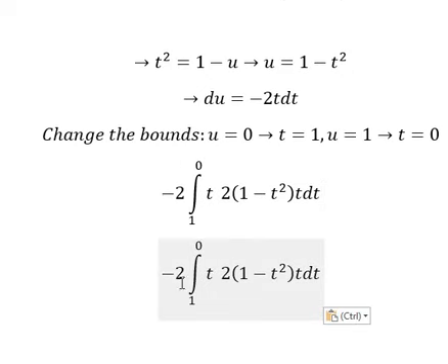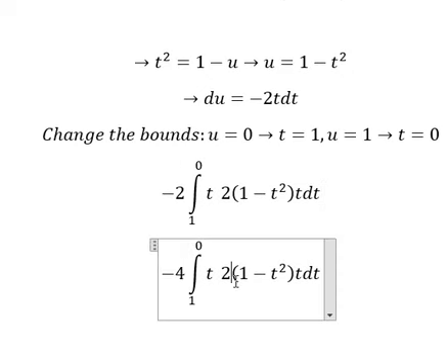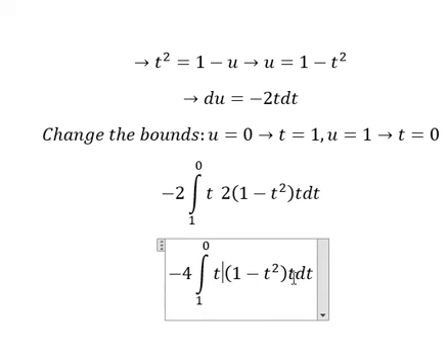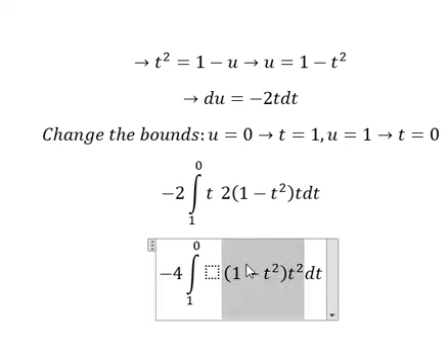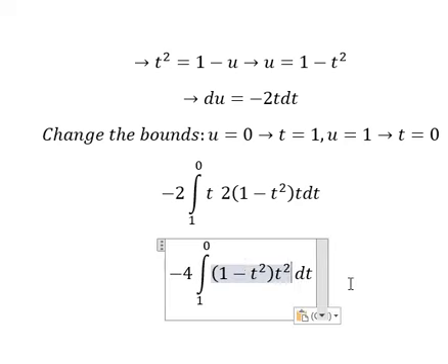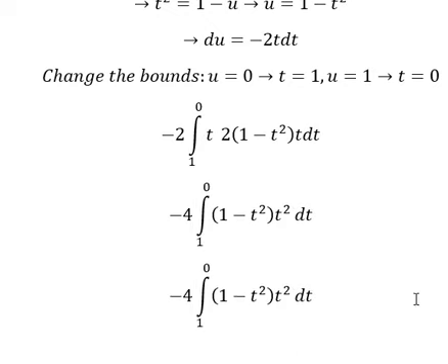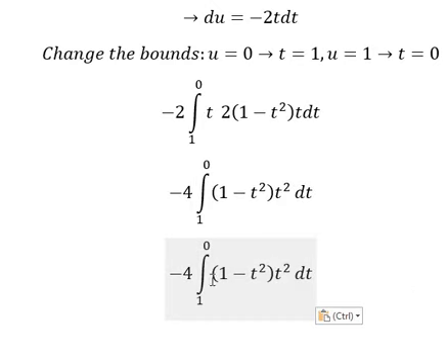So 2 with 2 we have 4. t and t we have t square. So t square multiplied by 1 and t square in here.